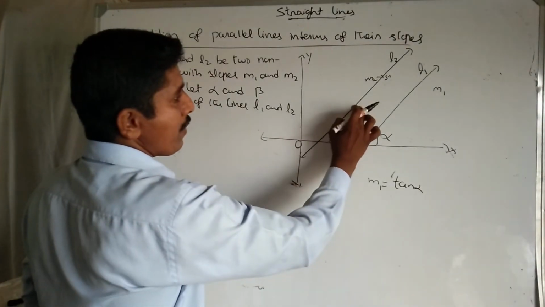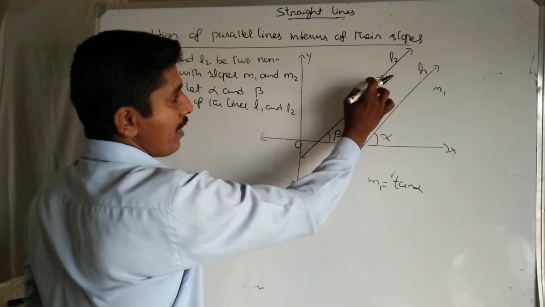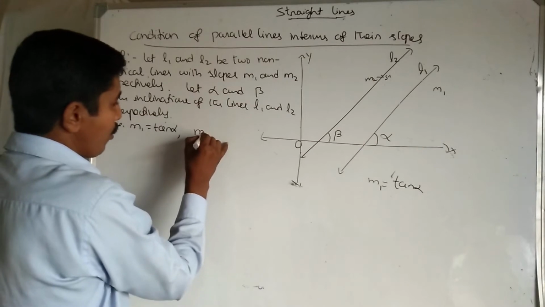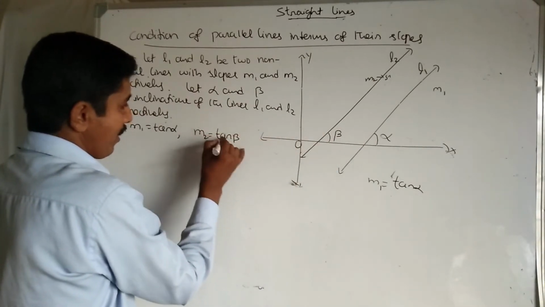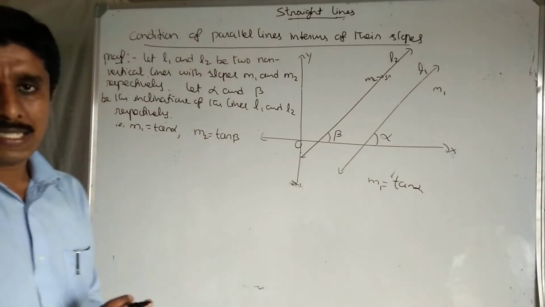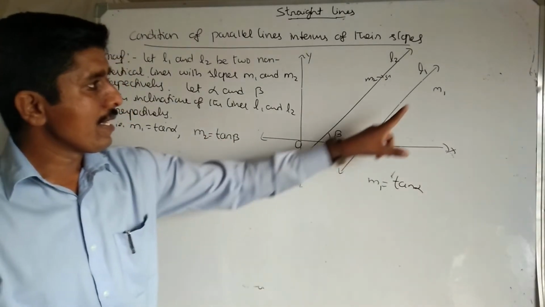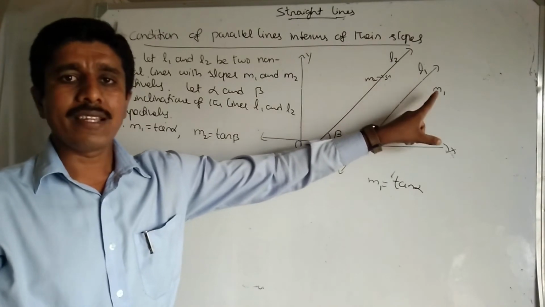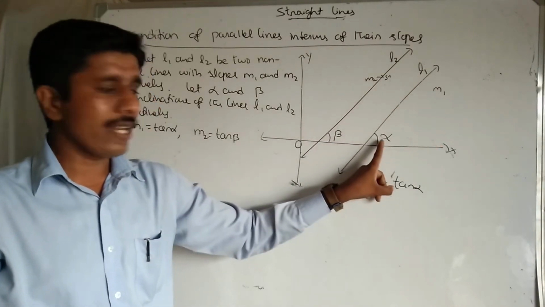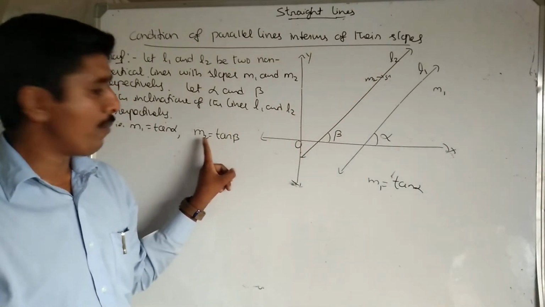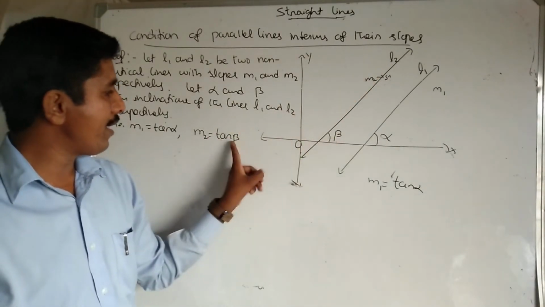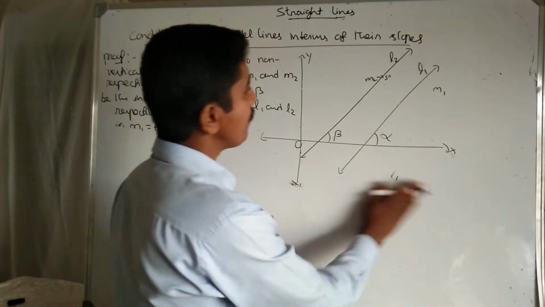Next, the slope of the line L2 is denoted m2, and m2 equals tan beta, since beta is its inclination. So tan beta is the slope of the second line. Got it.